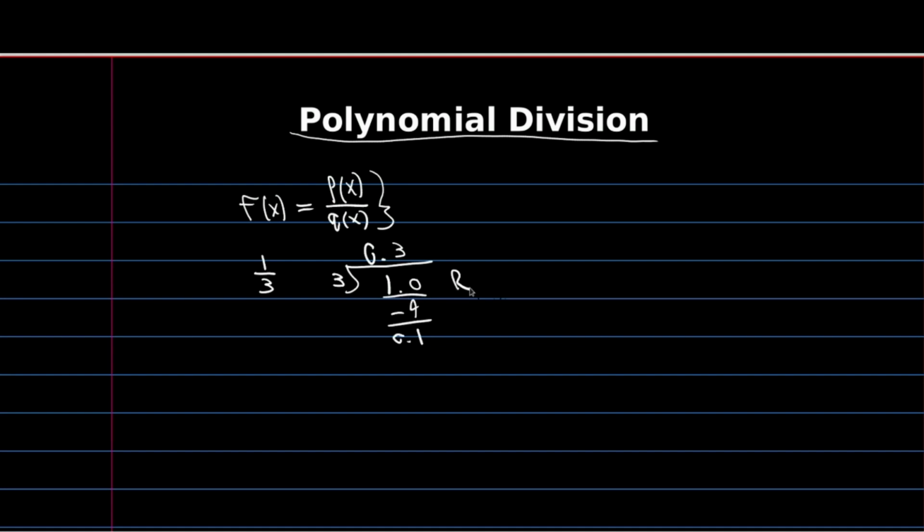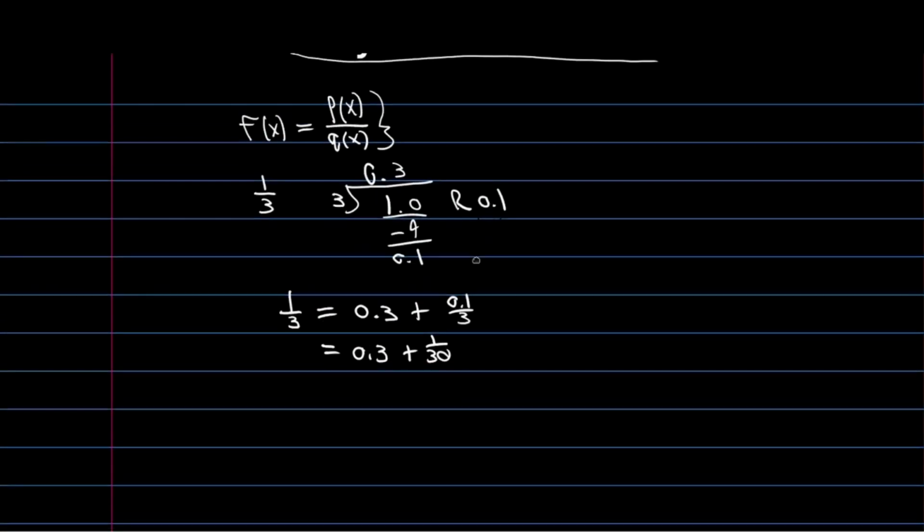So we have a remainder 0.1, which means that 1 over 3 equals 0.3 plus 0.1 over 3, or 0.3 plus 1 over 30. And that's effectively what we're going to be doing here with polynomials instead of numbers.